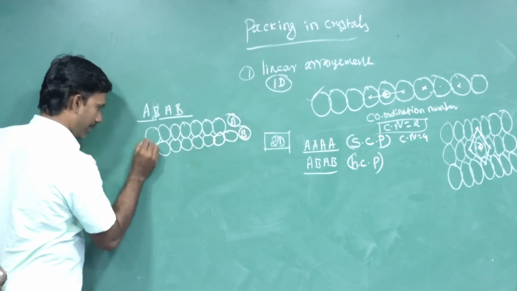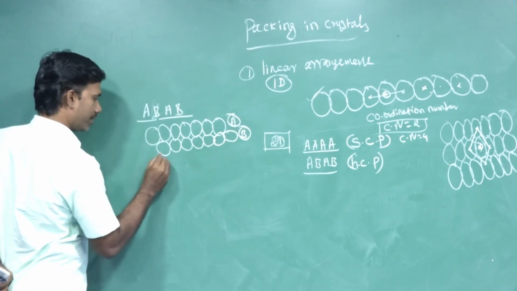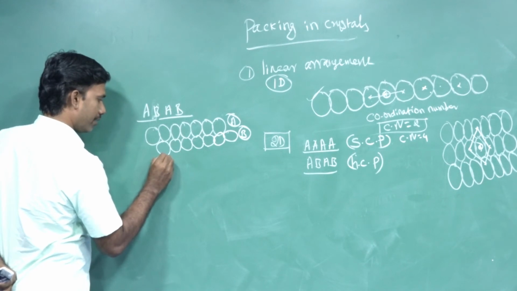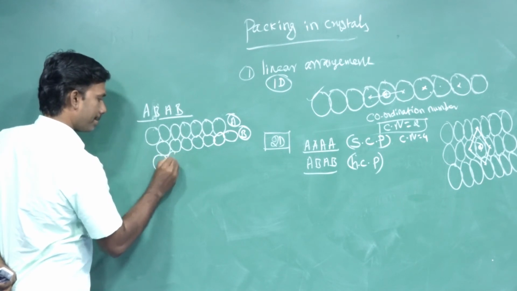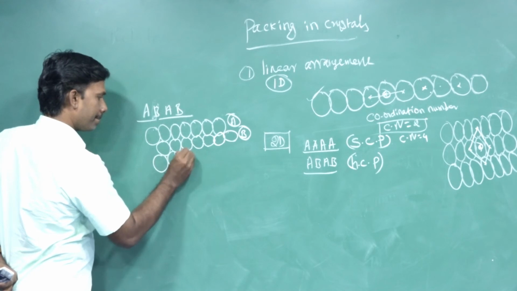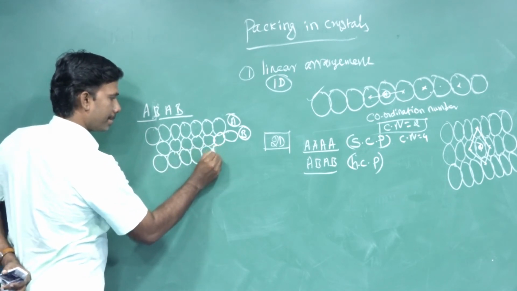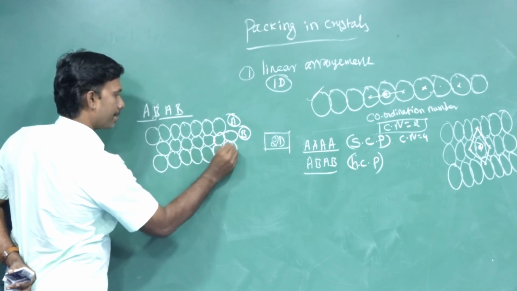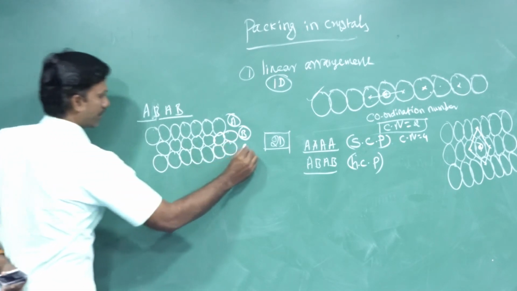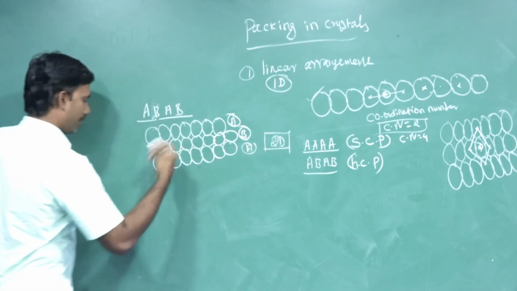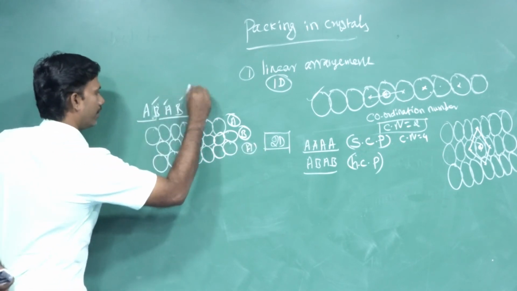Again A, like the first. The third layer should be like the first layer, the first line. So likewise, this is A, again A, again B type, that is why it is AB type.